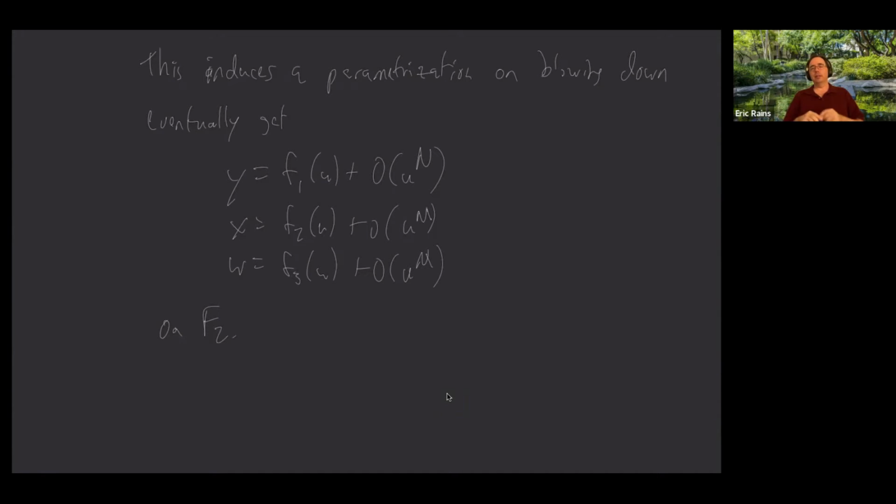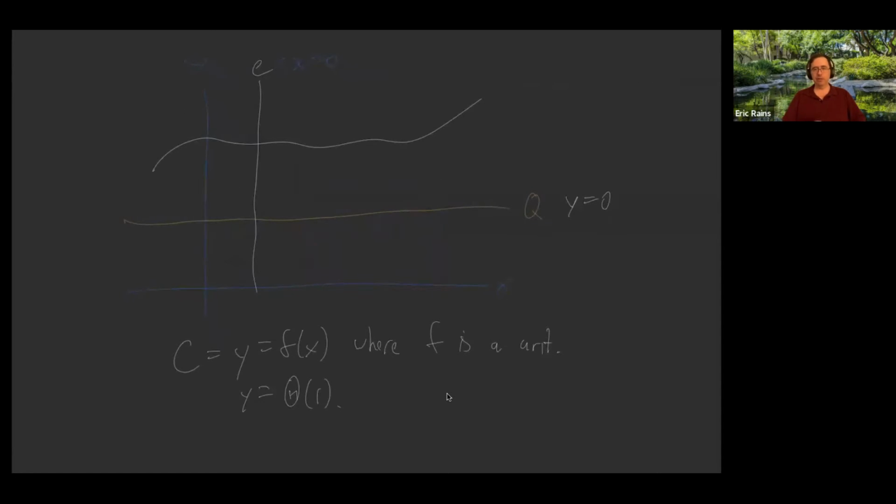Okay. Now, the benefit of this approach is this tells us exactly what information we have coming from the fact that our spectral curve has been separated from Q by the given sequence of blowups.